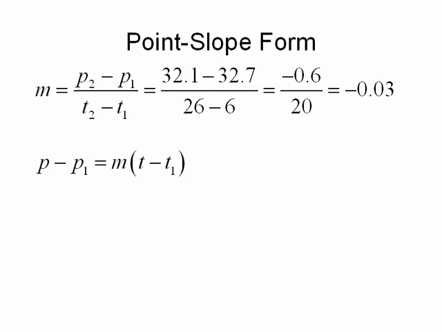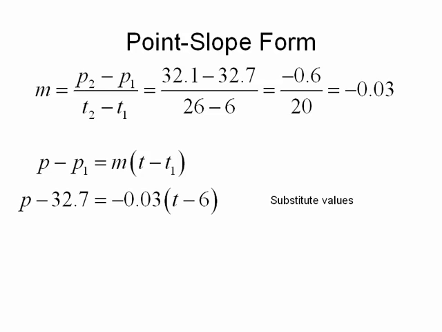So now we'll go to that appropriate point-slope form, and if we put in the slope along with one of those points, doesn't matter which one, we just pick one, we get p minus 32.7 equals negative 0.03 times the quantity t minus 6.